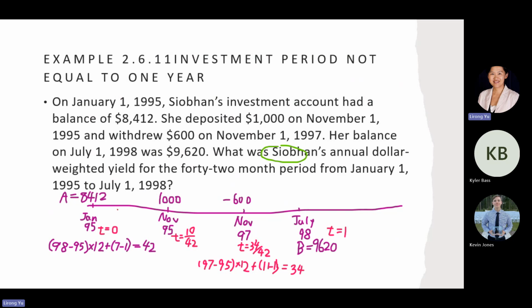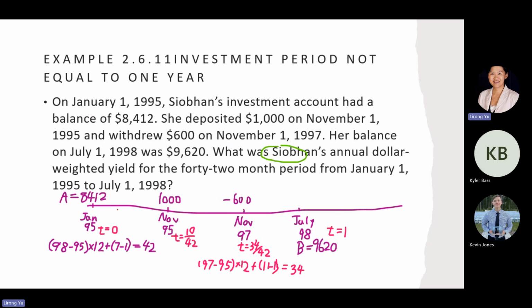When you see T equal to 1, it doesn't mean one year or 1 month. It is the entire investment period. So all the other time points along the timeline have to be proportionate, and we have to find the proper proportion for each.